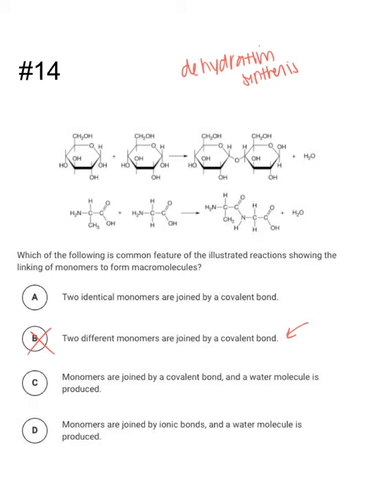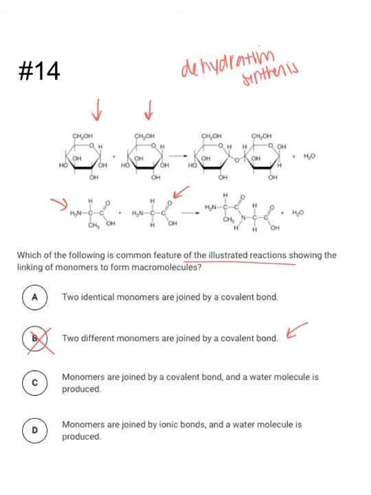While different monomers can be joined by a dehydration synthesis reaction, remember we're looking at the illustrated reactions. These are not two different monomers. These are identical monomers. So different monomers are not being shown in these illustrations. However, a difference in monomers is not required for dehydration synthesis.